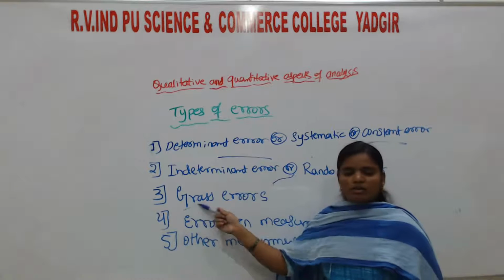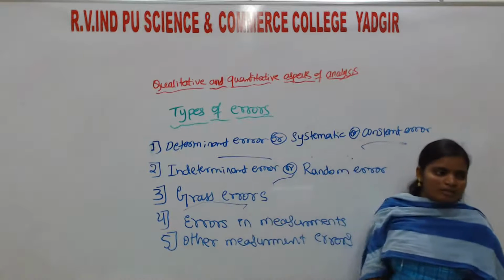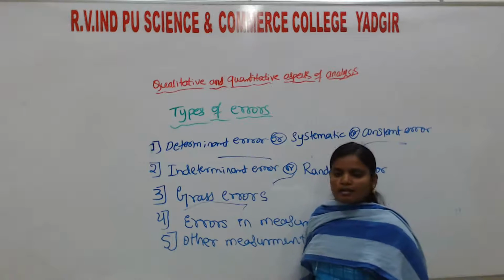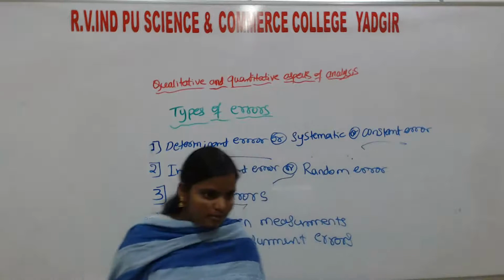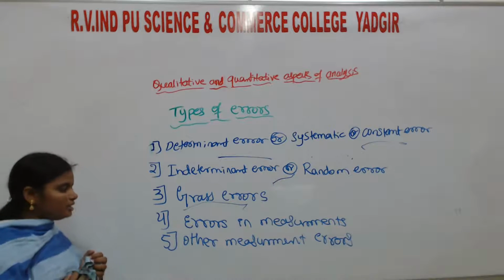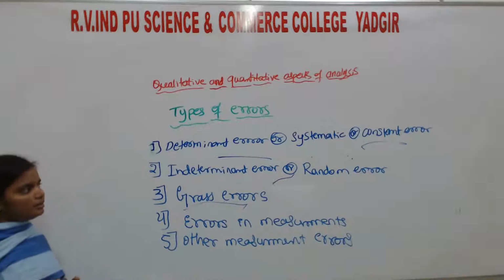The third one is the gross error, the fourth is errors in measurement, and the fifth is other measurement errors.